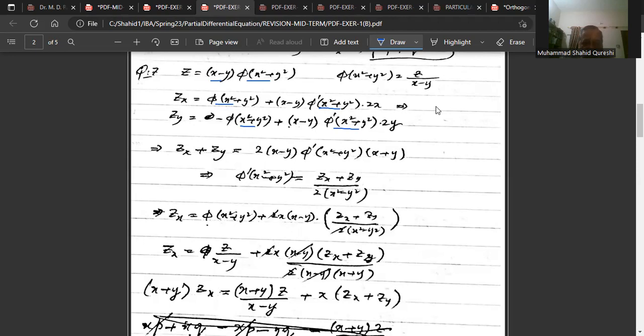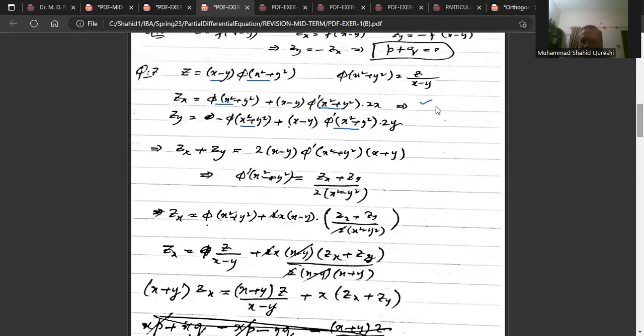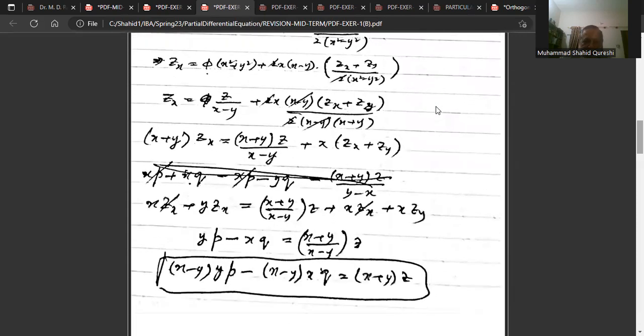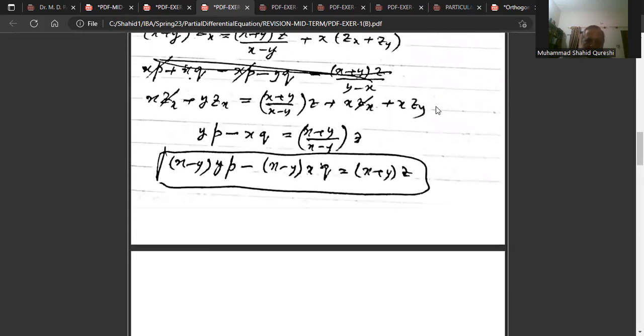Now, once you have got phi prime, phi prime can be replaced in any of the equations that contain phi prime, whereas phi can be obtained from the original equation, and then you obtain an equation where neither phi, the unknown function, nor its derivative is involved. The rest is algebraic simplification, and you get always in what form?